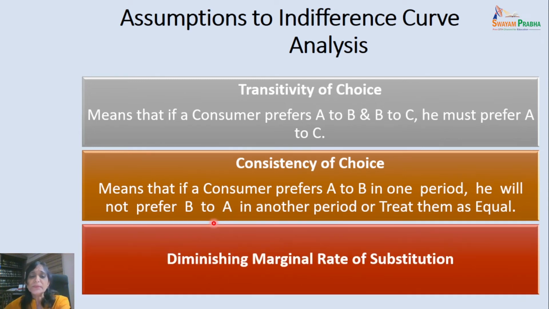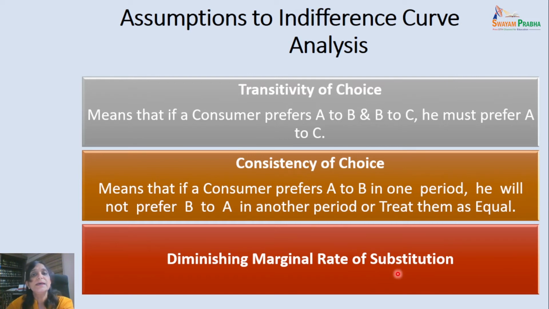Then a very unique assumption is diminishing marginal rate of substitution. Sorry, it is not utility, it is diminishing marginal rate of substitution. What is this diminishing marginal rate of substitution? We have already understood what we mean by the term substitution.